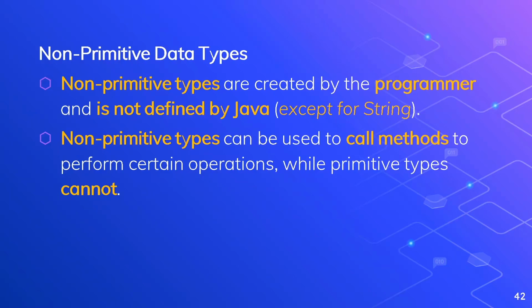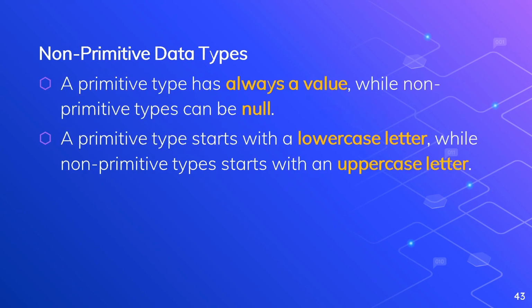And next is primitive type has always a value, while non-primitive type can be null or empty. Okay? So, useful yan. For example, sa pag-run mo ng iyong program, kailangan wala pang value. So, you can use non-primitive type. Now, very useful ang non-primitive type.